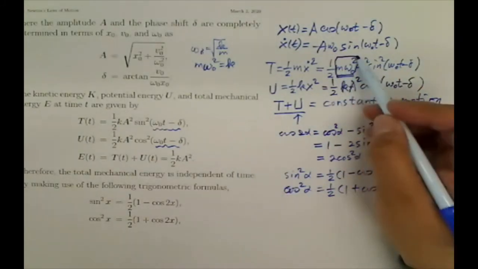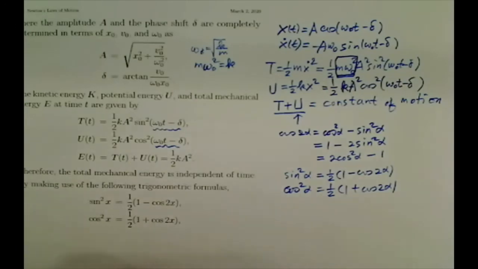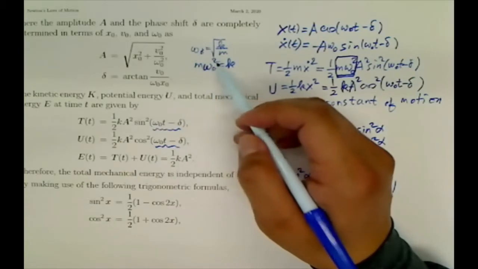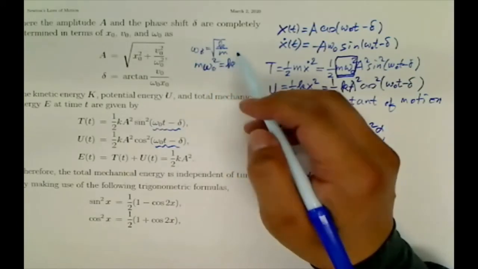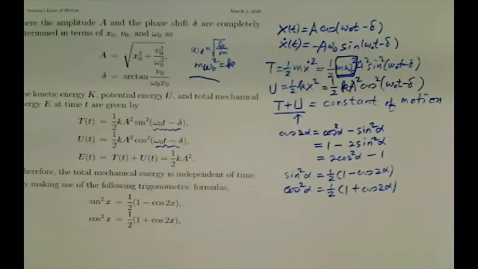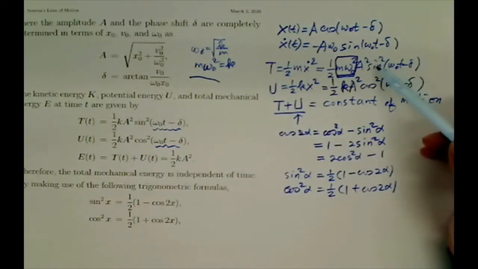Here we find m omega 0 squared. The definition of the characteristic frequency of the system, omega 0 equals square root of k over m, can be used to replace m omega 0 squared with k. Therefore, the kinetic energy and potential energy both have a common factor 1/2 ka squared, and one has a sine squared of omega 0 t minus delta, and the other has a cosine squared with the same argument.